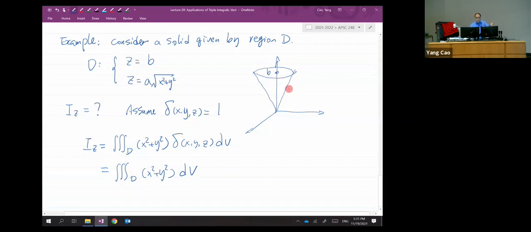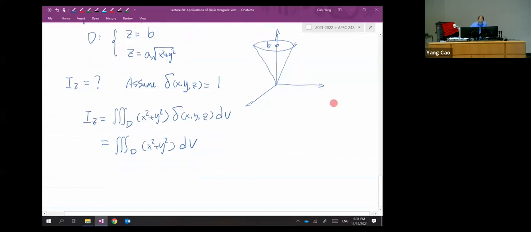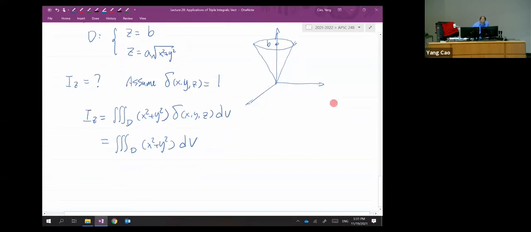For a cone you could actually use spherical, but let's choose cylindrical. That basically means x equal to r cosine theta, y equal to r sine theta, and z is still z, right?